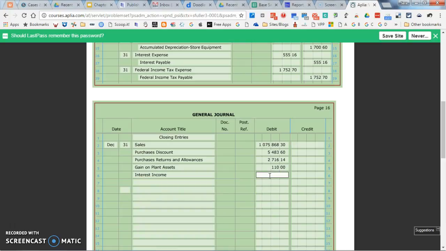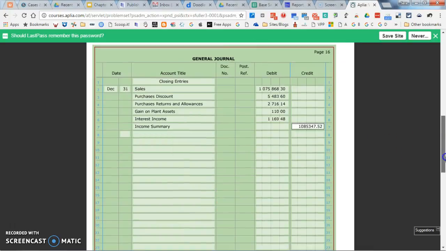Debit of $1,169.48. And then our credit will be income summary. And so we add those all together. And we get $1,085,347.52. And that's our first closing entry.